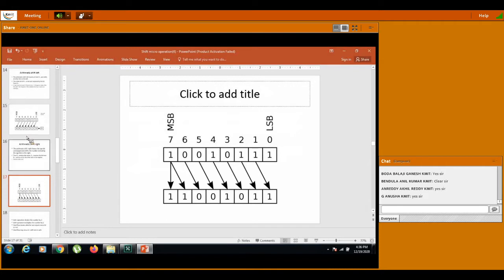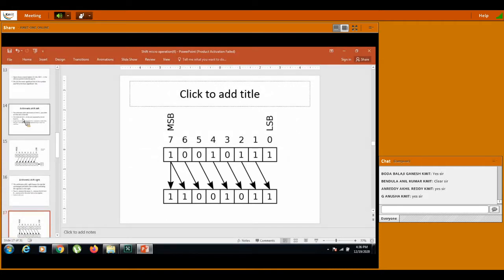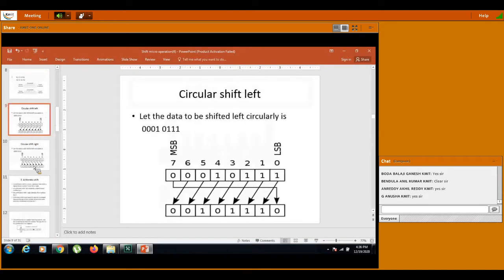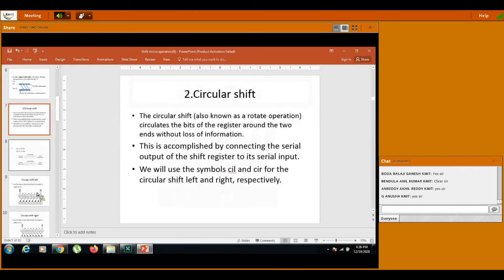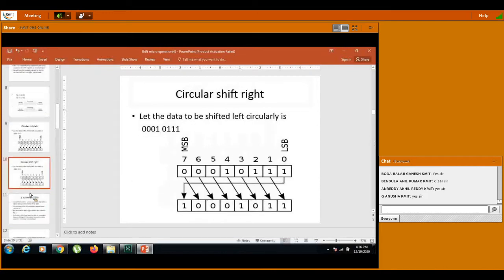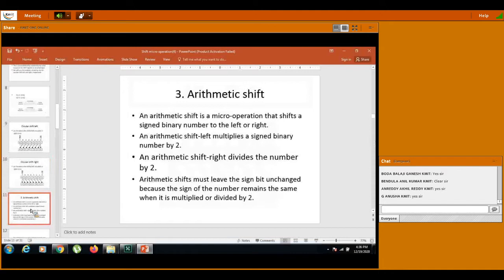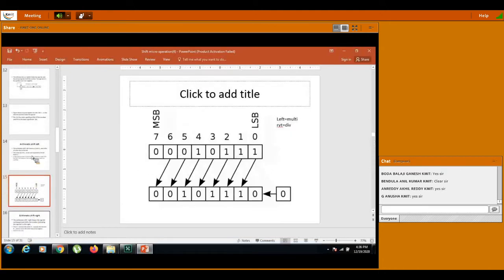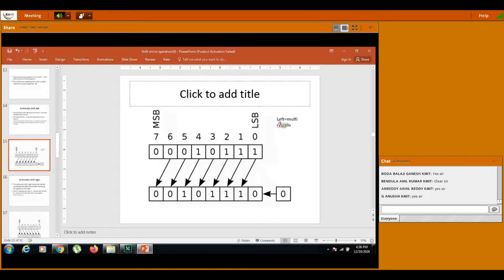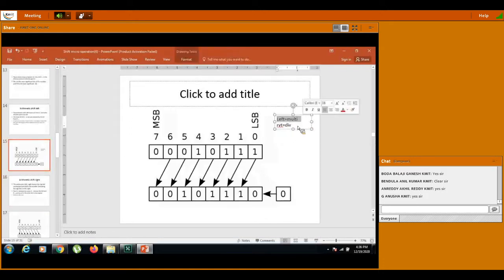See, as we have discussed just before, I was telling, if you are moving it to the left, it becomes a multiplication operation.